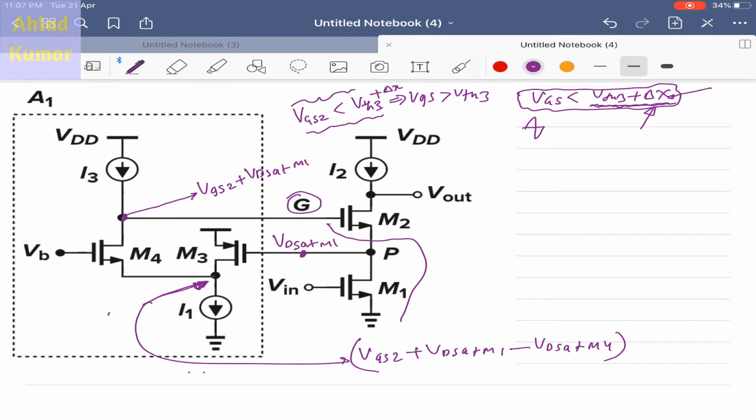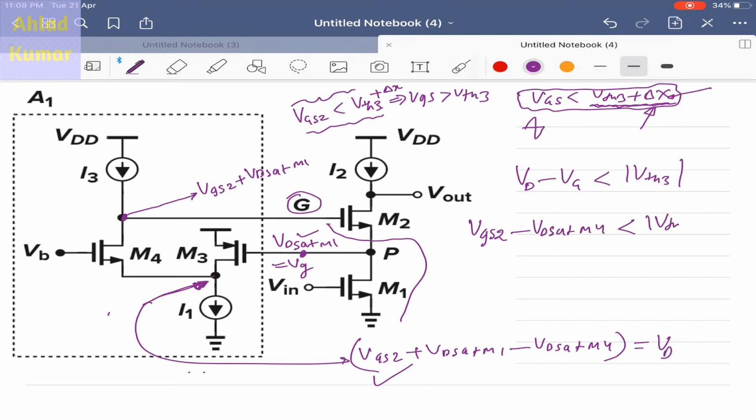For M3 to be in saturation, the condition is VD minus VG has to be less than mod of VTH3. This value is VD, and this value is VG. You just subtract this term and this term, and you will get VGS2 minus VD set of M4 less than mod of VTH3.